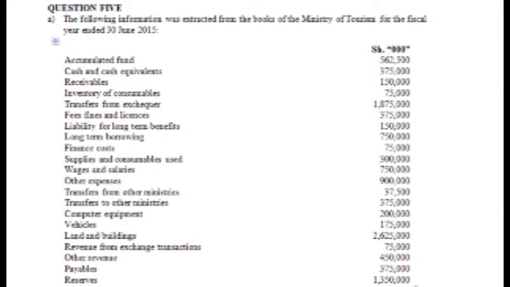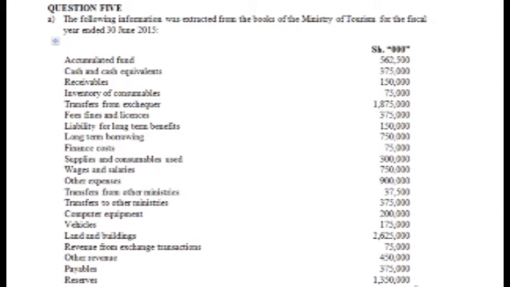We have accumulated fund, cash and cash equivalent, receivables, inventory of consumables, transfers from exchequer, fees, fines and licenses, liability for long-term benefits, long-term borrowings, finance costs, supplies and consumables used, wages and salaries, other expenses, transfers from other ministries, transfers to other ministries, computer equipment, vehicles, land and buildings, revenue from exchange transactions, other revenues, payables, reserves.